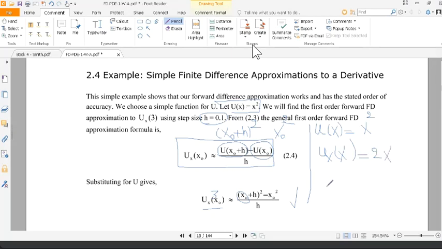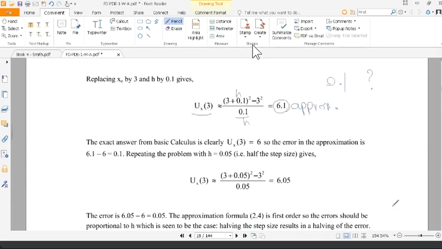We have the exact solution of u_x at 3 is 6, okay. The exact solution is 6, and the approximate solution is 6.1. u_x at 3 by the forward finite difference method is 6.1, okay?